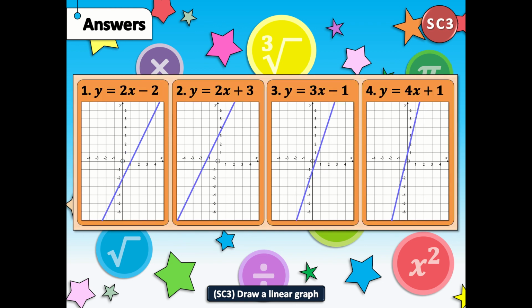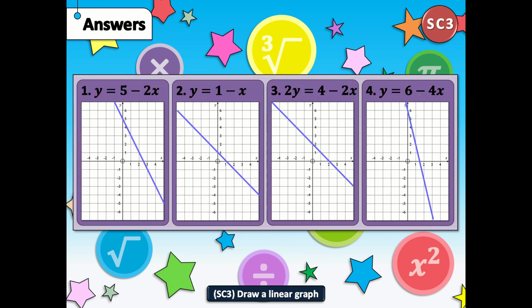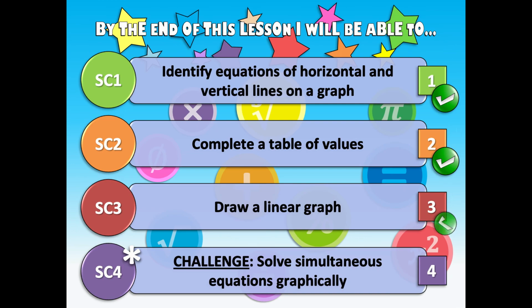There's your amber answers. There's your red answers. And there's your purple answers. And now we've completed success criteria 3. So now we're going to move on to number 4, and this is to solve simultaneous equations graphically.